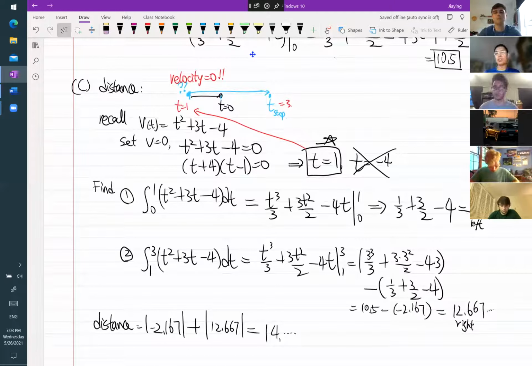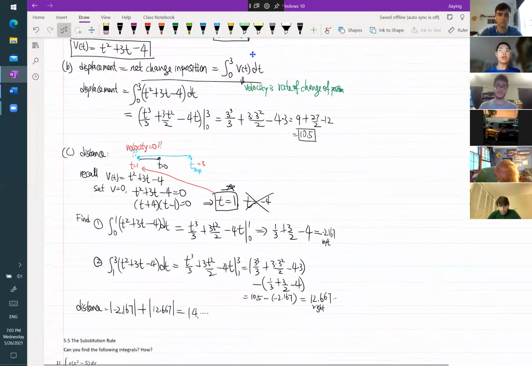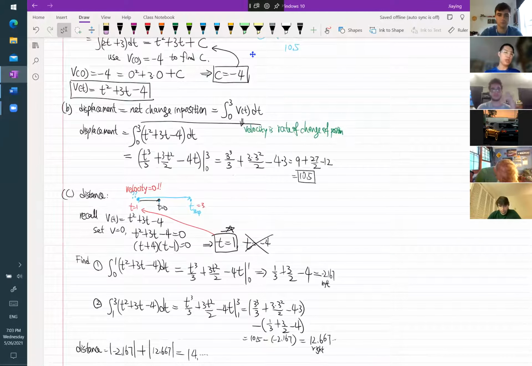This is a good question. There's a few exercises in the book that you can look into if you want more practice. Any questions on this problem? I know it's very long. I just want to cover both displacement and distance to show you the difference, that they're not the same.